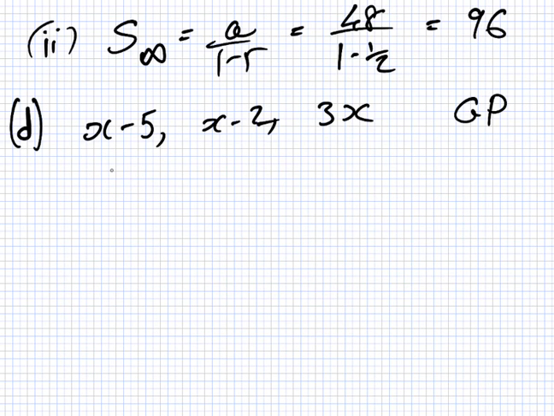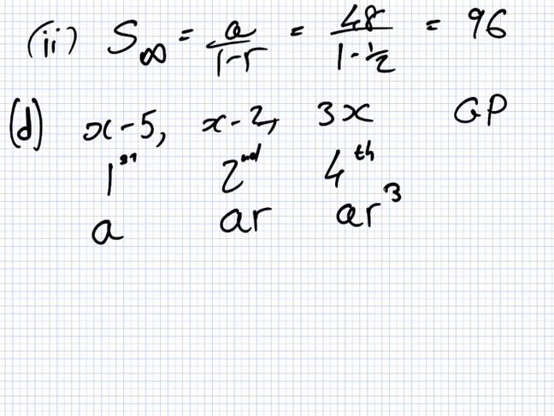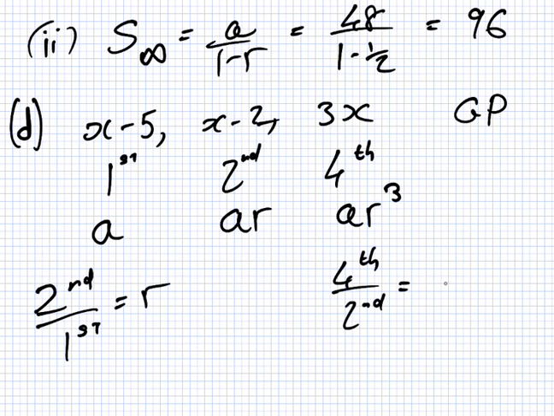Okay, so this is the first, second, and fourth. So this is a, ar, and ar cubed. So tell me this. If I do second divided by first, what do I get? r. Now, if I do fourth divided by second, what do I get? r squared. Now, you see why it's messy?